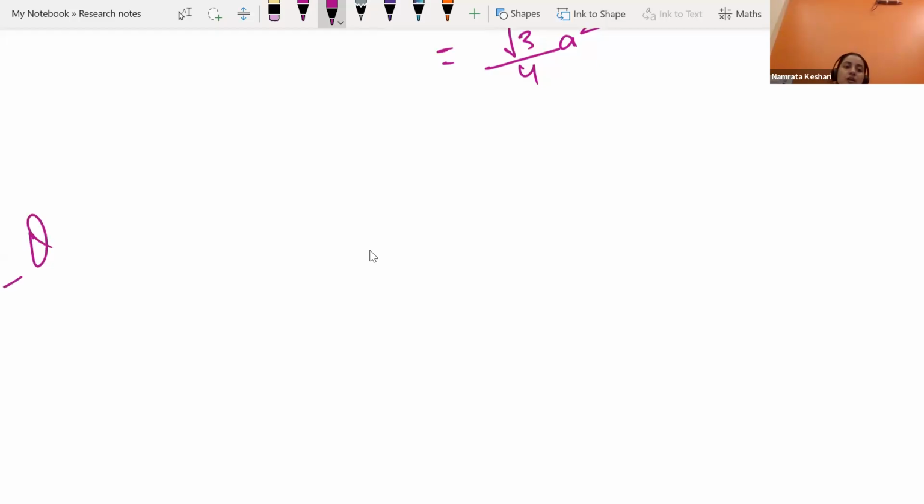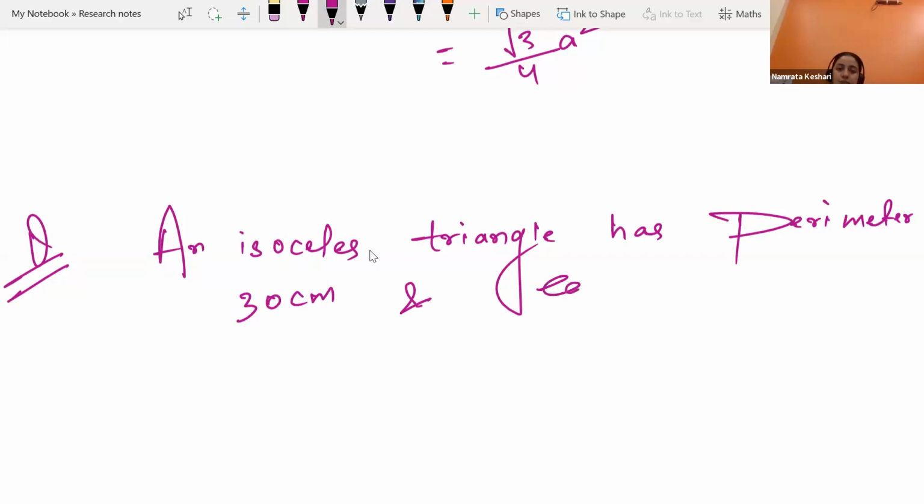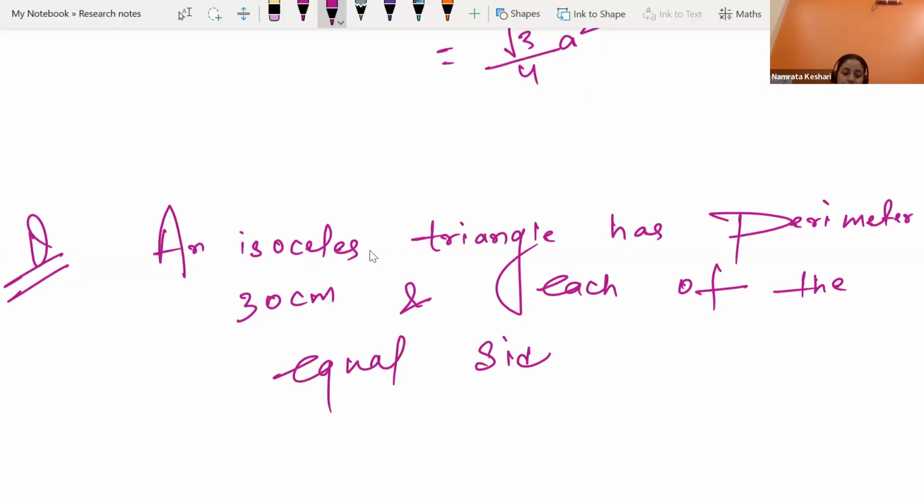Have we done this question? An isosceles triangle has perimeter 30 centimeter and each of the equal side is 12 centimeter.